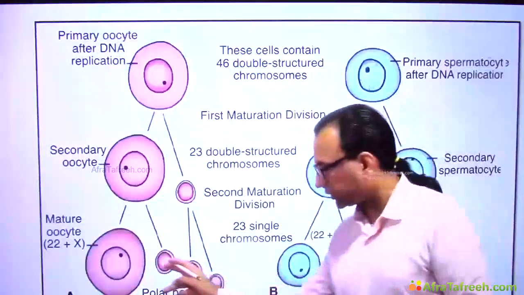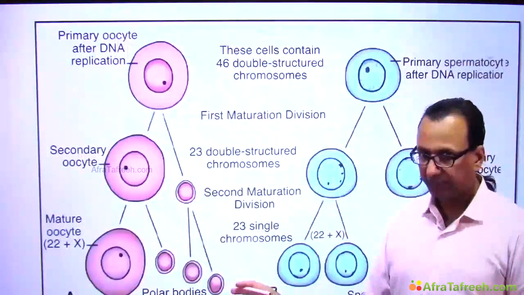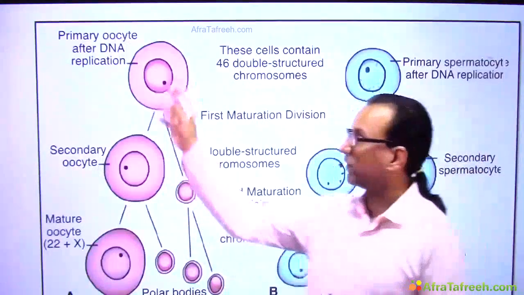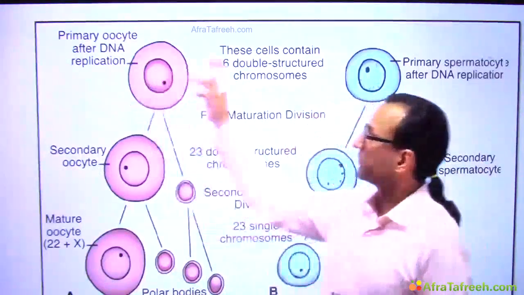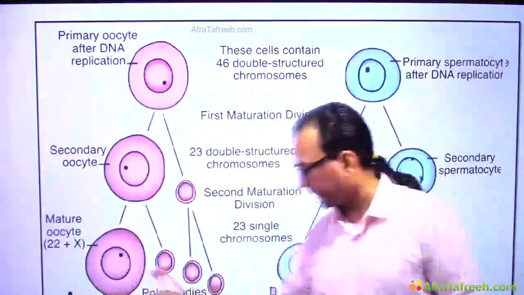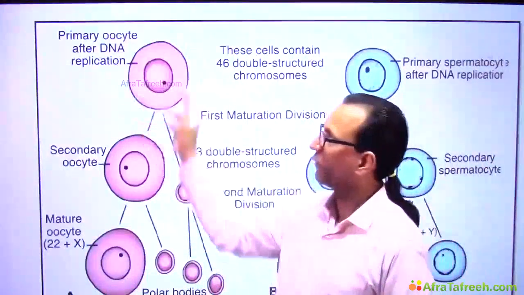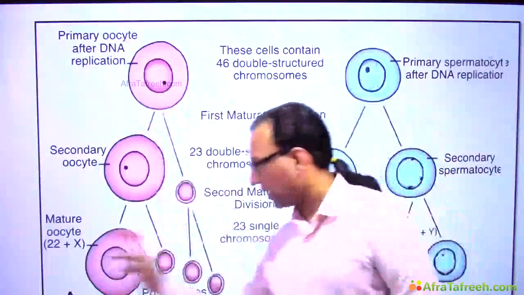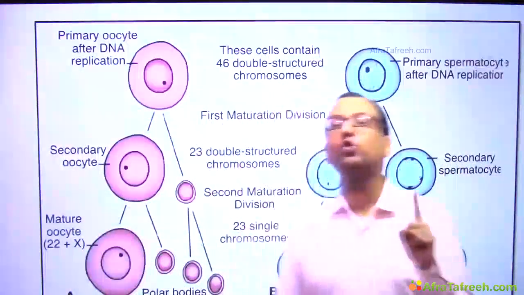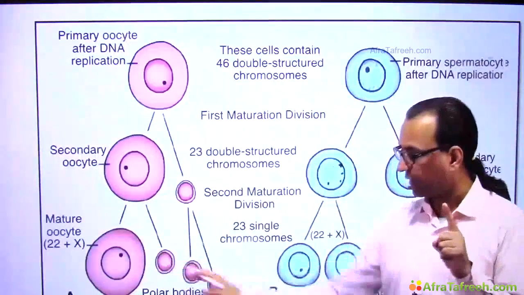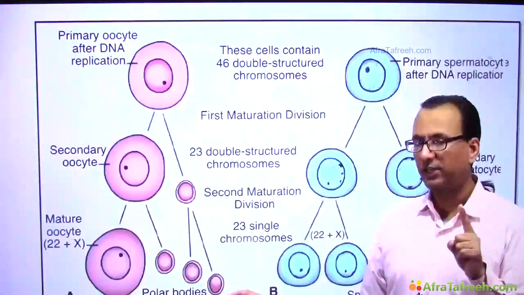See, polar bodies are seen in females. In females, the ratio of the primary cell and the final cells is 1:1. You mean to say, if I start with one primary oocyte, finally I'll have one mature oocyte only, because there are 3 polar bodies which are discarded and degenerated.